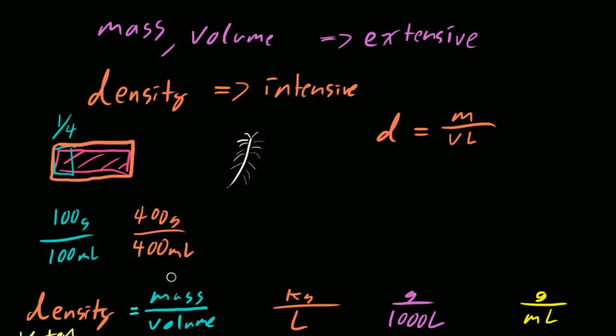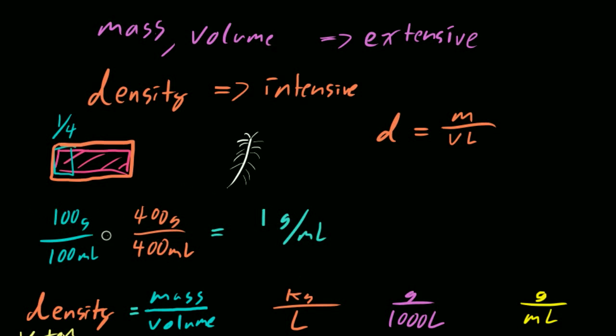And hopefully you can see that these two fractions are equivalent. Again, this is not what the density of a brick would be, but we could say that both of these have a density of 1 gram per milliliter.